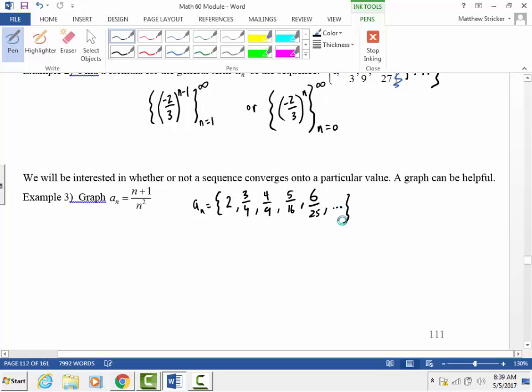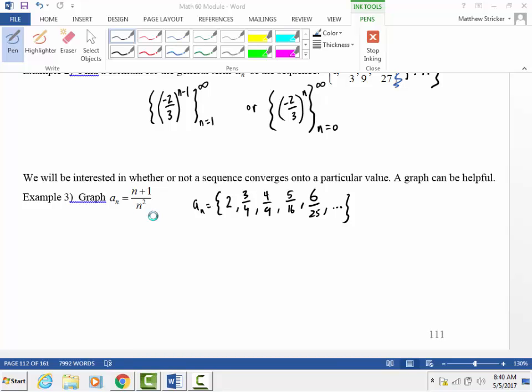All right. If we put this on a graph, we can treat it much like we do a function. Could we graph a sub n equals n plus 1 over n squared? Could we graph that? Yeah, you could graph it. Now, the difference is that with a function, there's an infinite number of values for what n can be.